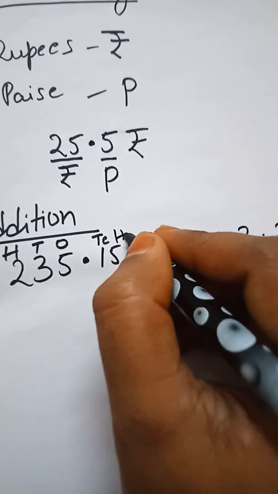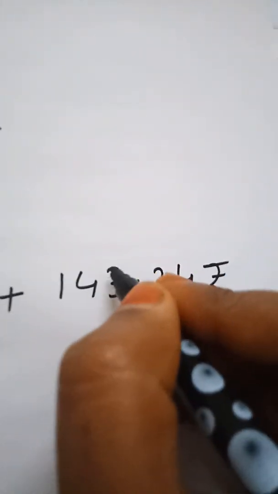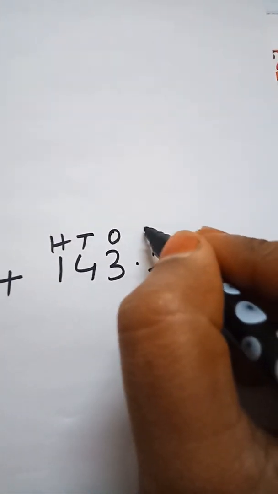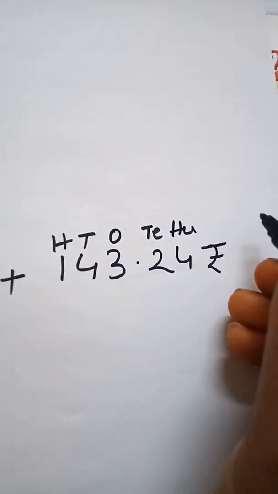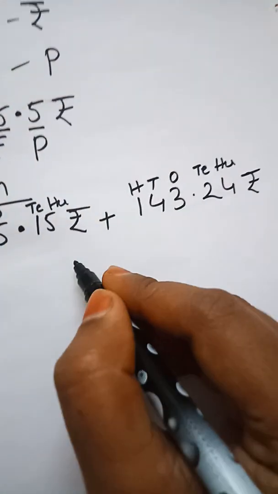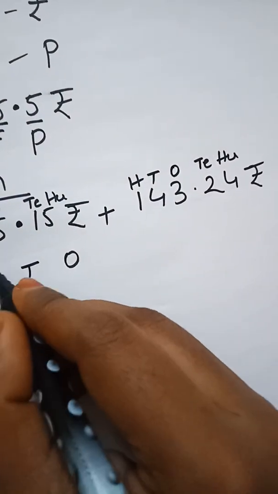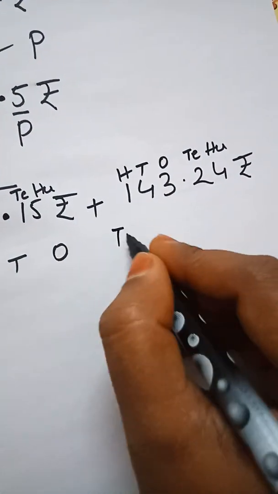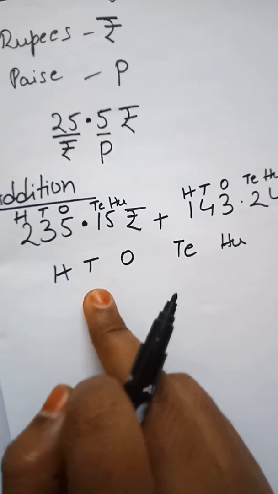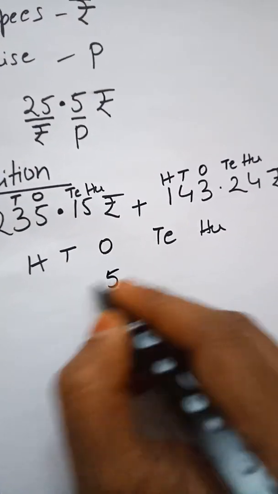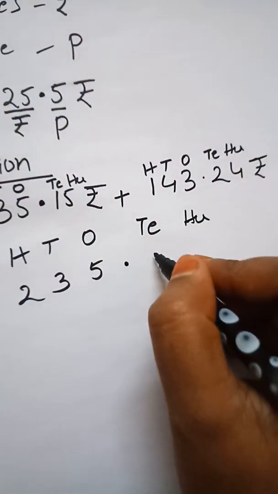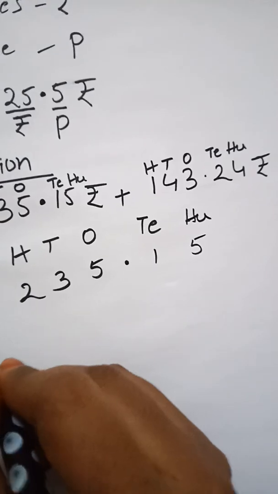According to the place values, place the values in the addition format. So 5, 3, 2, point, tenths 1, hundredths 5.